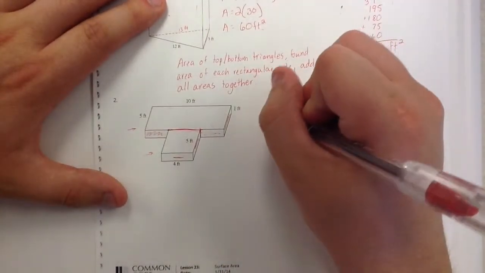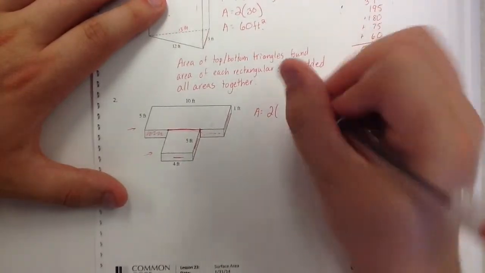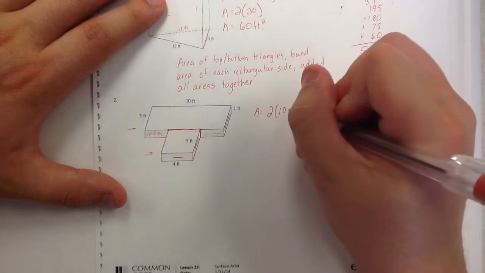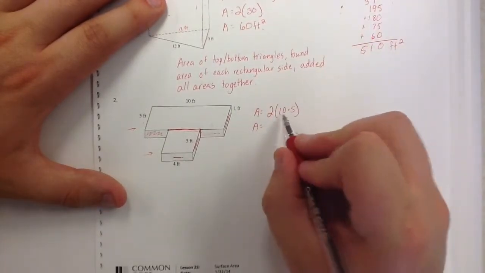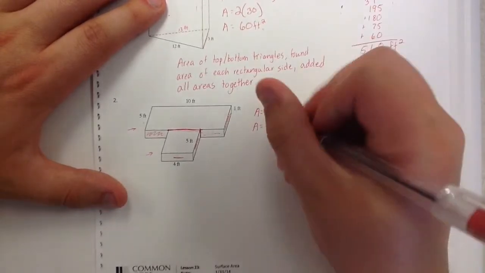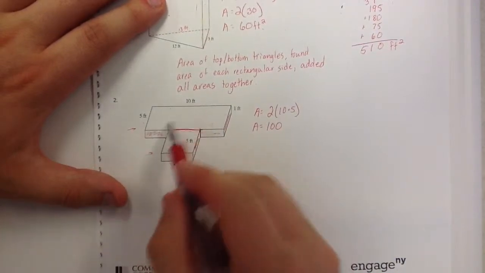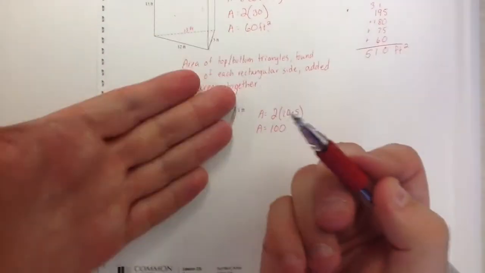So we can do A equals 2 times, okay, our width is 5, length is 10. 10 times 5 is 50. 50 times 2 is 100. So we found this area right here, this side inside, plus the inside of the opposite on the bottom.